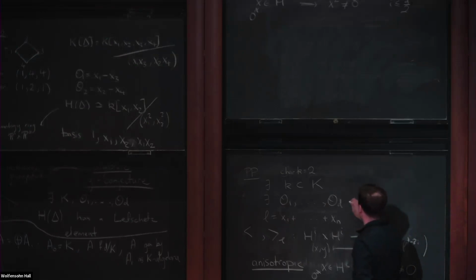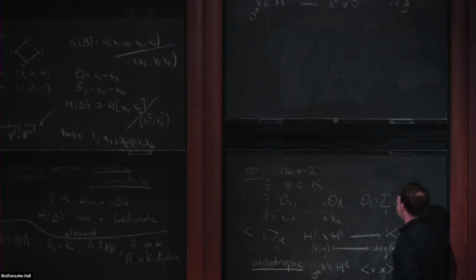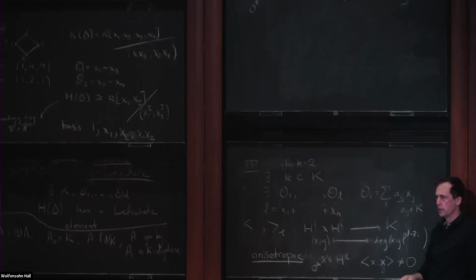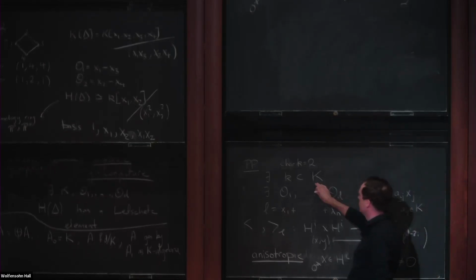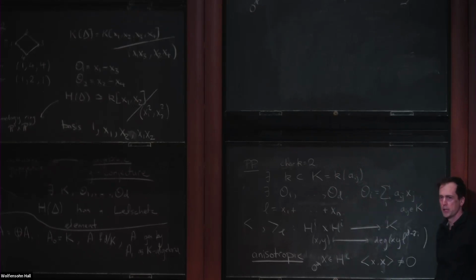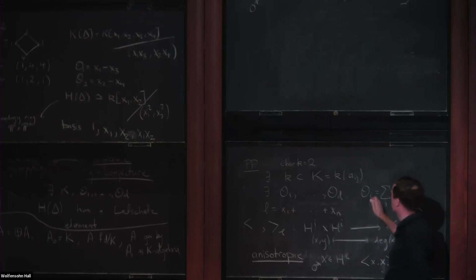So what does that mean in this case? I had to choose these a_ij's to be some elements in K. How do I make a generic choice? One way is to say my big field K is just my little field with formal variables a_ij adjoined. I have a big transcendental extension over all my choices.